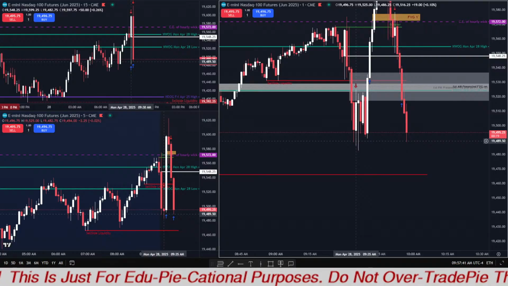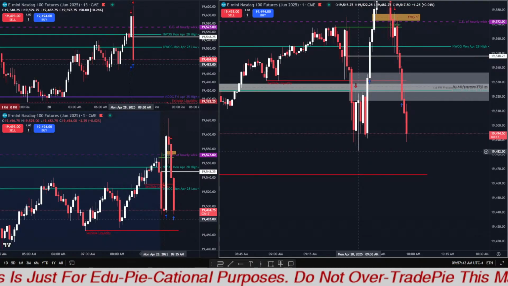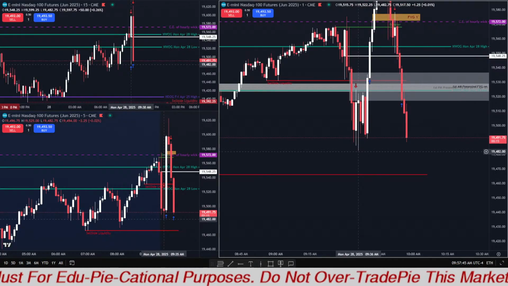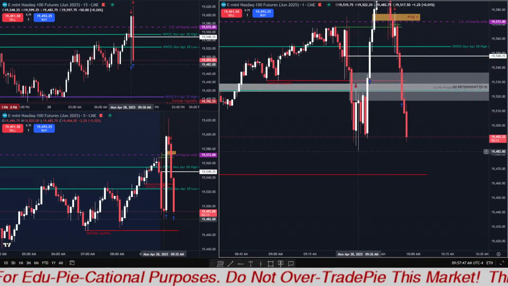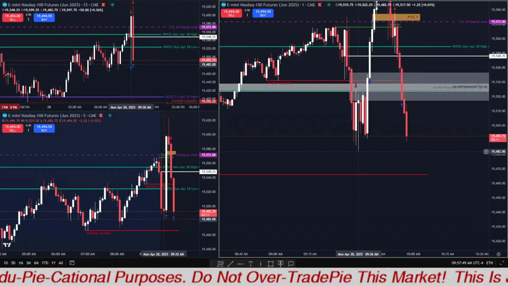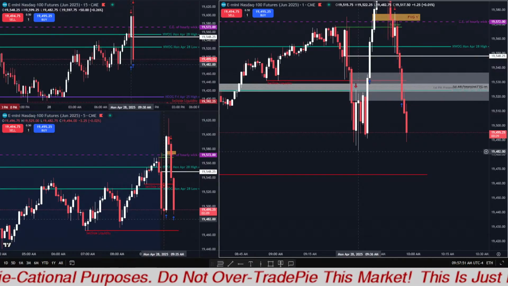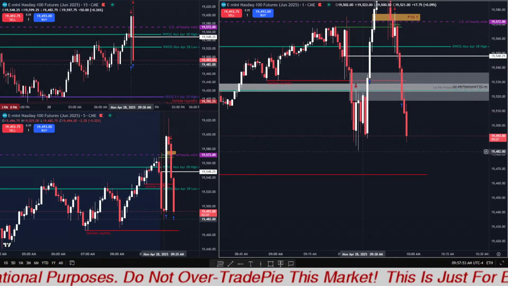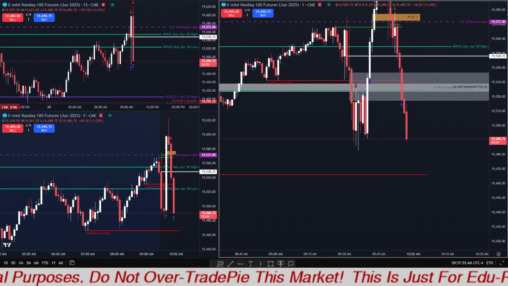I can see that on US we already passed through the low at 9:36. Meanwhile on Nasdaq we didn't pass this low at this candle.